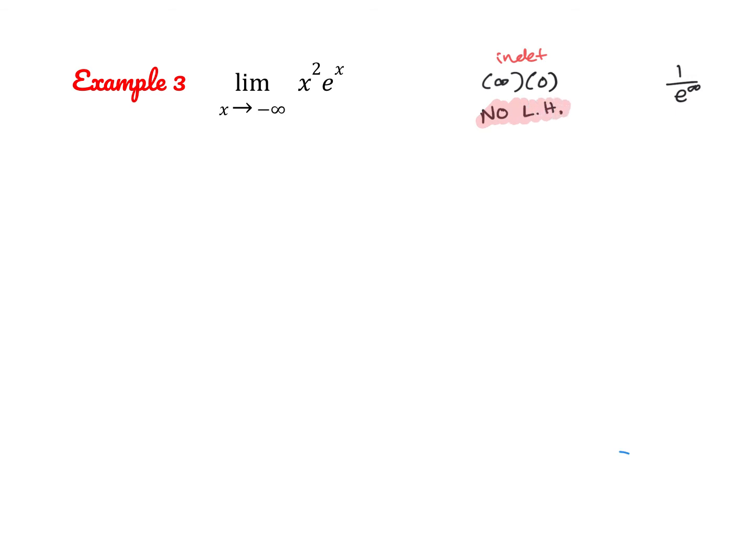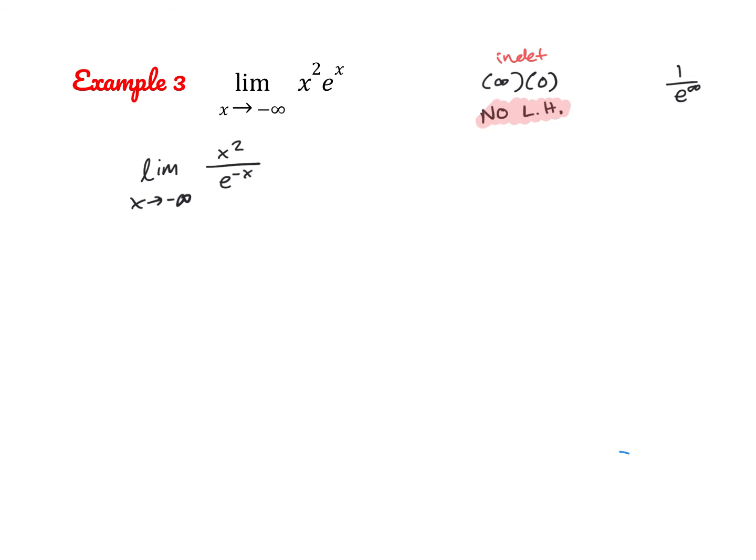One thing you can try is rewriting the original function in a way that allows us to use L'Hopital's rule. So remember, we want the 0 over 0 or the infinity over infinity indeterminate. So I'm wondering, is there a way that I can rewrite one of my terms to give me a fraction? So you can actually take e to the x, move it to the denominator, and call it e to the negative x.